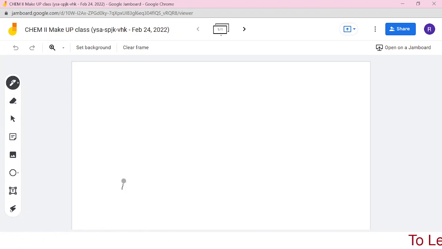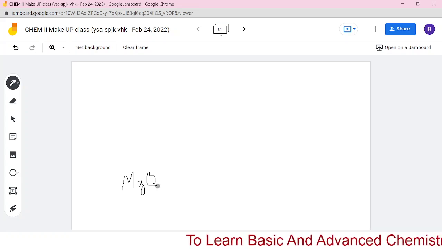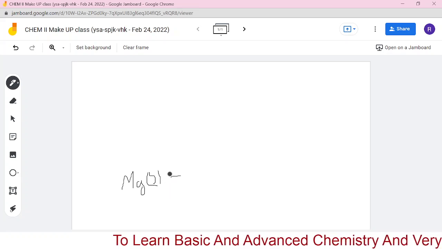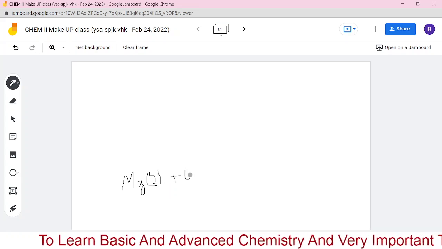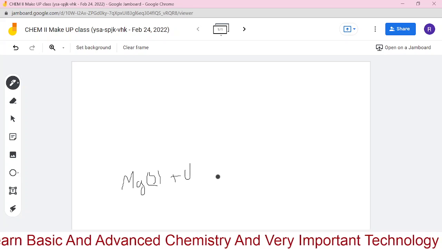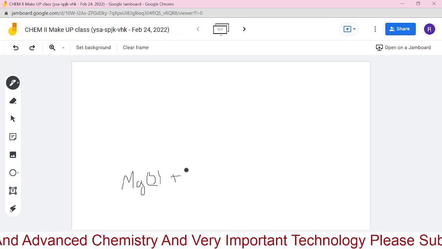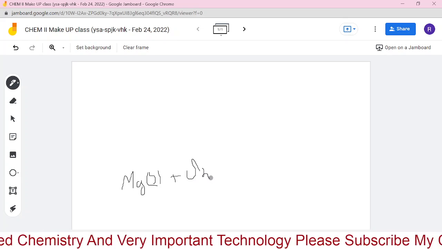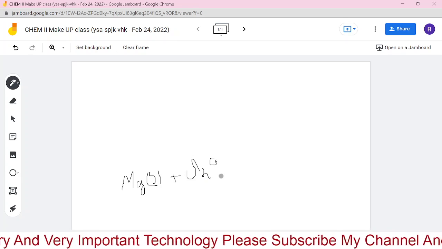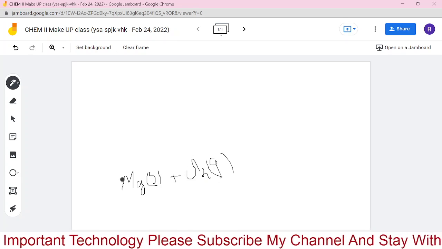First we have started with magnesium, solid magnesium, Mg(s), and then we will have plus Cl2. Sorry, it is not so good to write down. Cl2 is in gaseous state and this magnesium is in solid state.